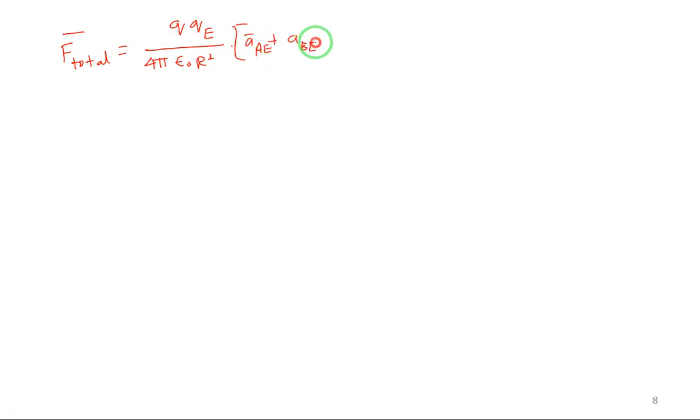F total is equal to Q into QE by 4 pi epsilon naught R square into AAE plus ABE plus ACE plus ADE. I am rewriting the formula from the previous slide.